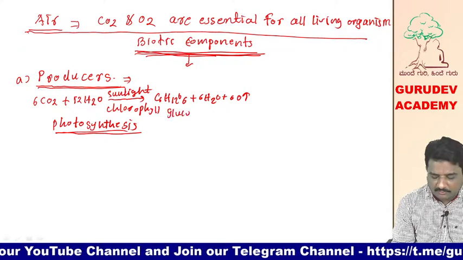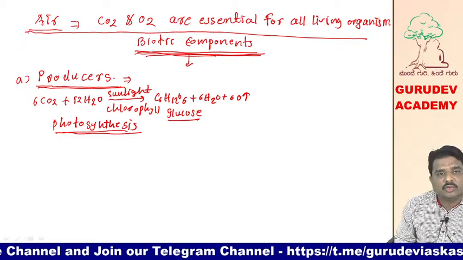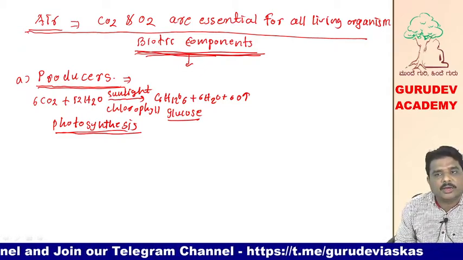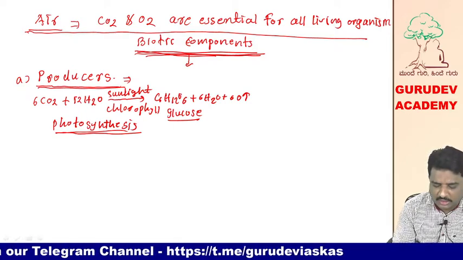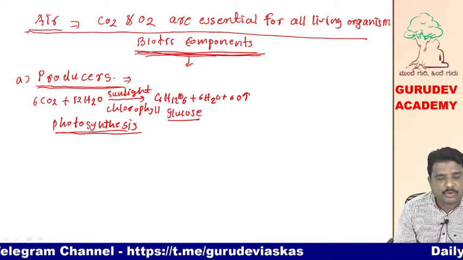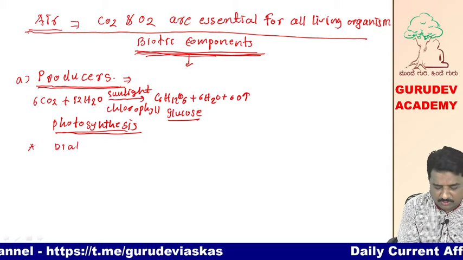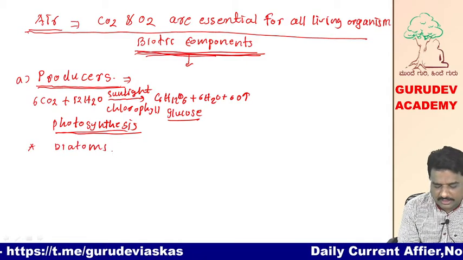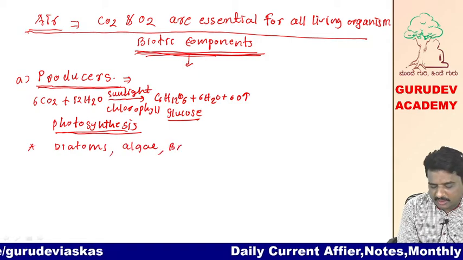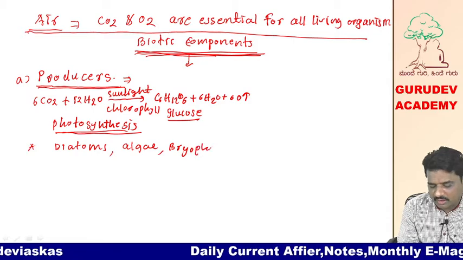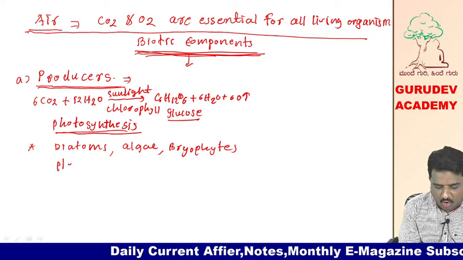Photosynthesis is performed by plants, and plants are called producers because they can prepare their food by their own. They produce glucose by photosynthesis, and that's why they are referred to as producers. In the aquatic ecosystem, diatoms are the chief producers, along with algae, and the plant groups bryophytes, pteridophytes, gymnosperms, and angiosperms.